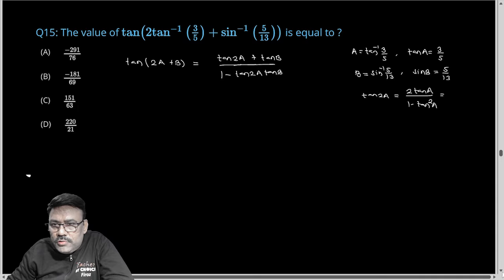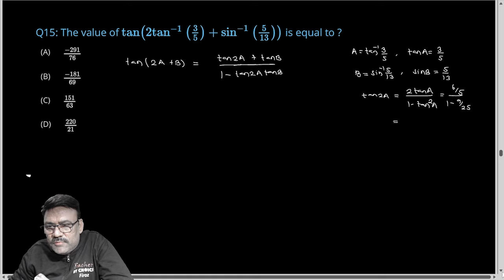So it is 2 into 3 by 5, meaning 6 by 5, over 1 minus 9 by 25. So this comes out to be 6 by 5 divided by 16 by 25. So it is 30 by 16, which means you can say 15 by 8.